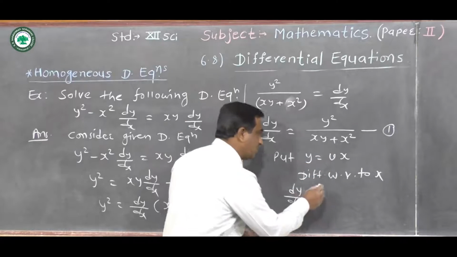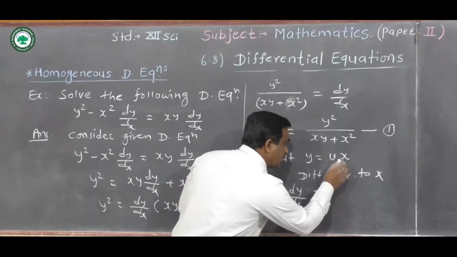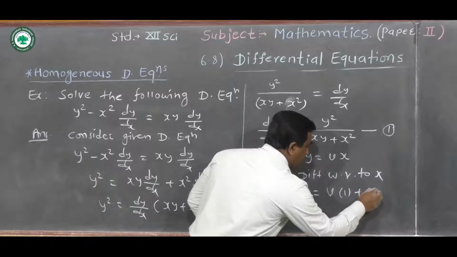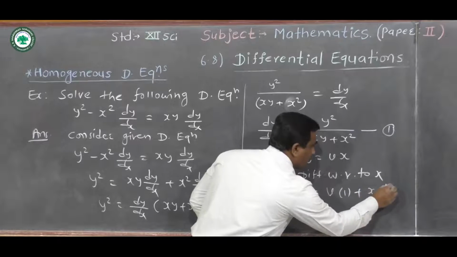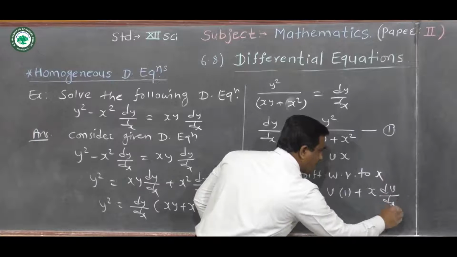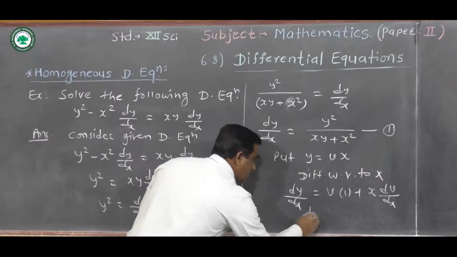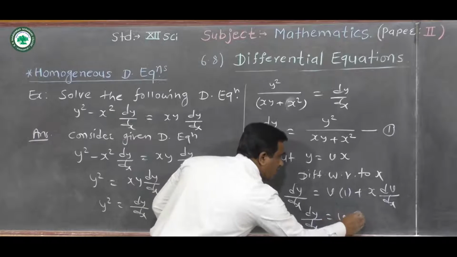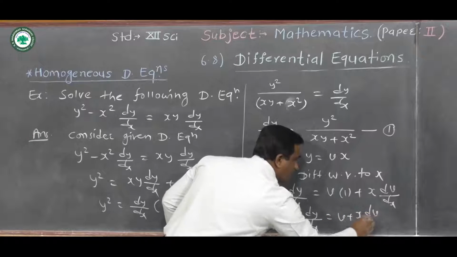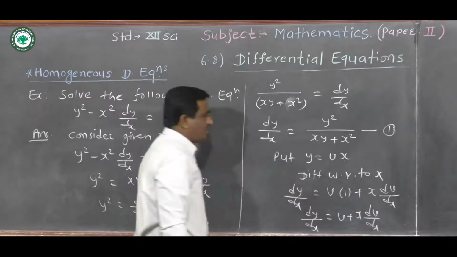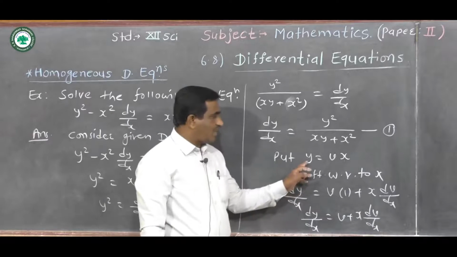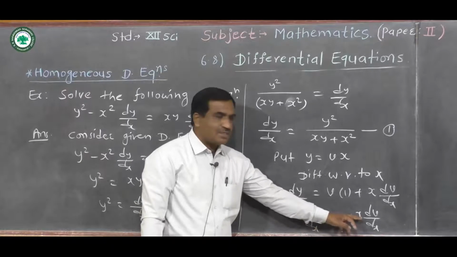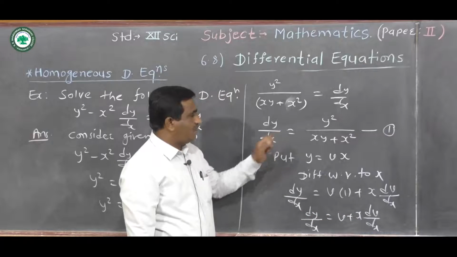Derivative of first function v as it is, derivative of x is 1, plus second function x as it is, derivative of v, dv by dx. That is, we get here dy by dx is equal to v plus x into dv by dx. Now put these two values, value of y equal to vx and dy by dx equal to v plus x into dv by dx in equation 1.